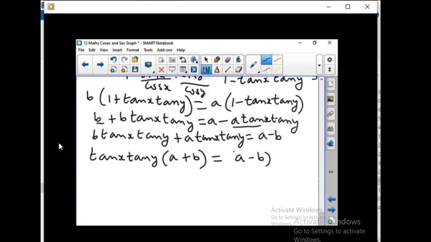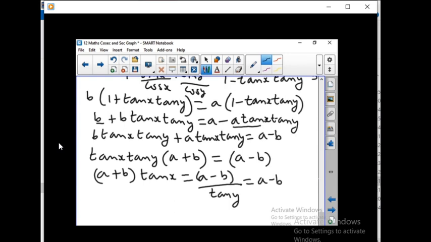So tan x tan y into a plus b is equal to a minus b. So we get a plus b into tan x is equal to a minus b by tan y. And we know that 1 by tan y is cot y. Therefore, it is a minus b into cot y.